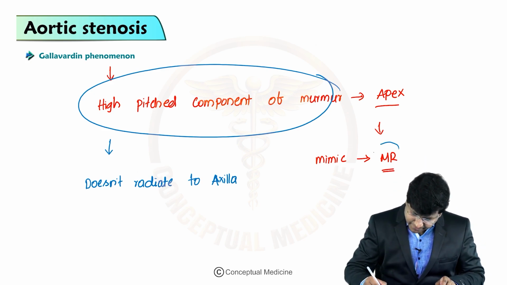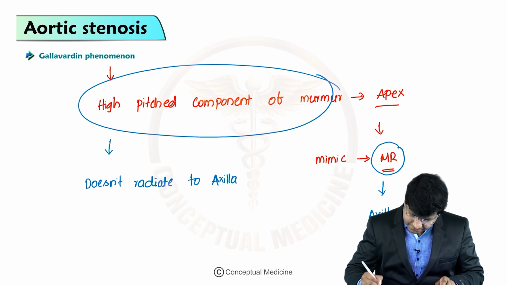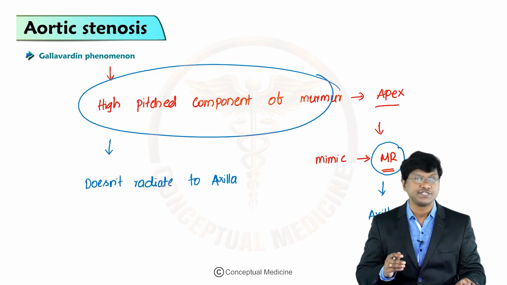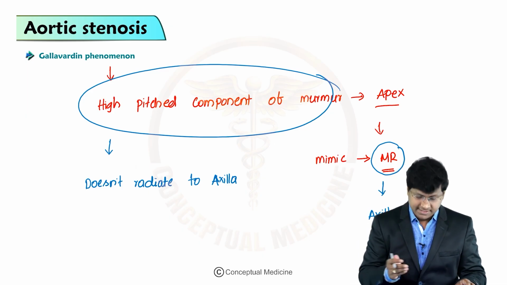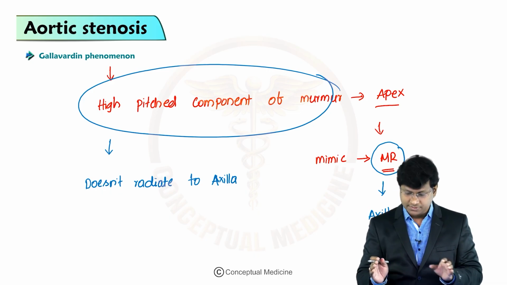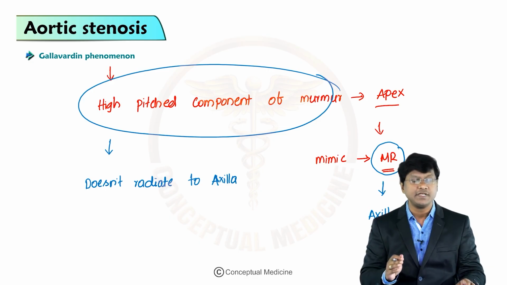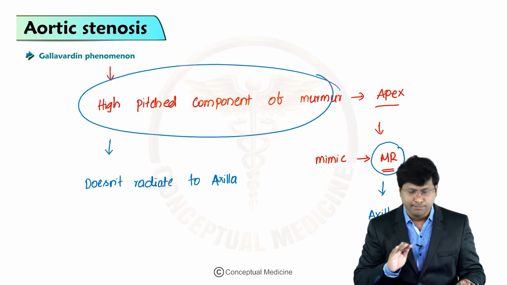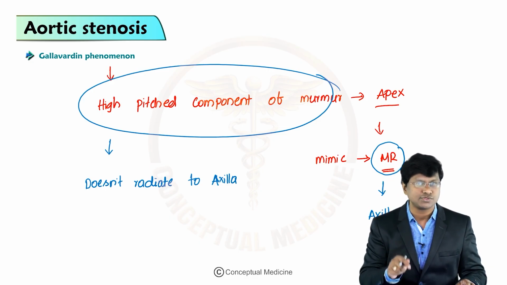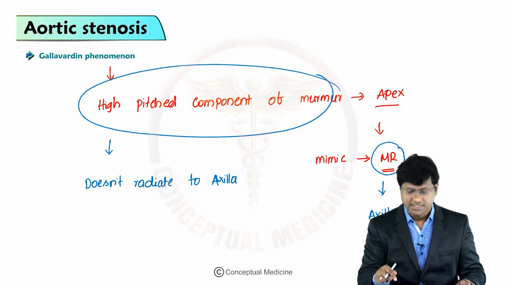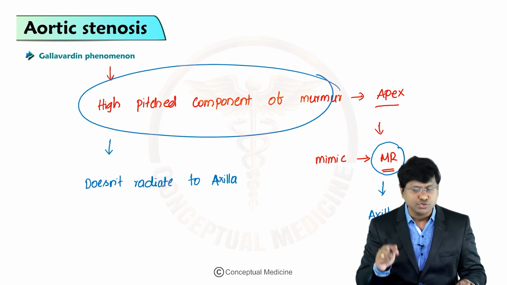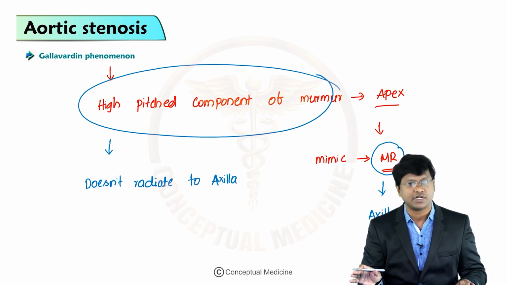Whereas the murmur of mitral regurgitation will radiate to the axilla, and that is how you will differentiate the Gallavardin phenomenon from the murmur of mitral regurgitation. But both of them are heard at the apex, and both are systolic murmurs.